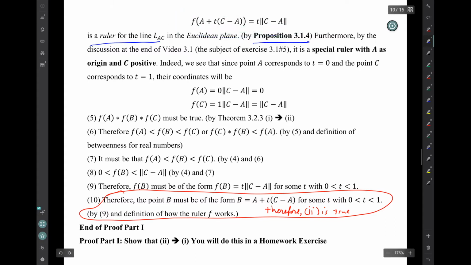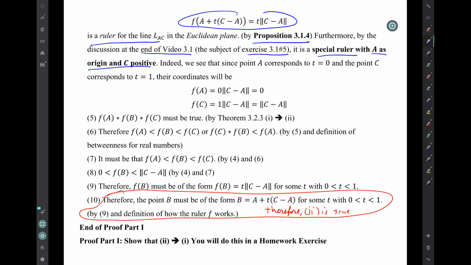And furthermore, by some discussion we had at the end of the video for 3.1, which was also the subject of your exercise 3.1.5, we know that this ruler is what's called a special ruler, has A as origin and C positive. Indeed, we can check that out.